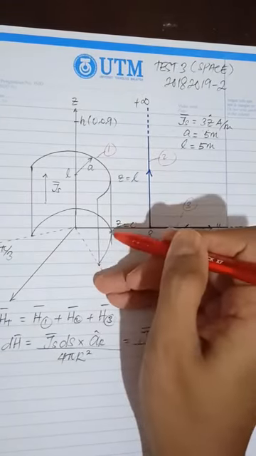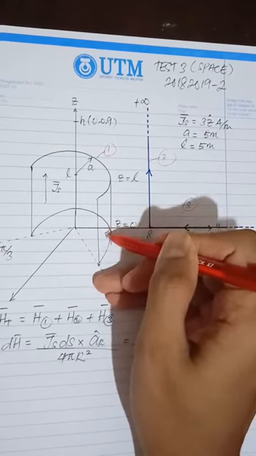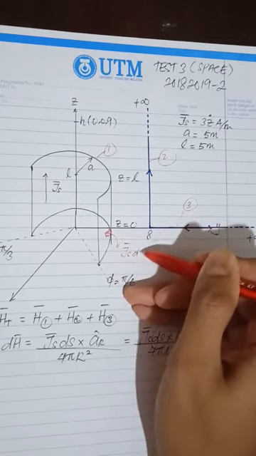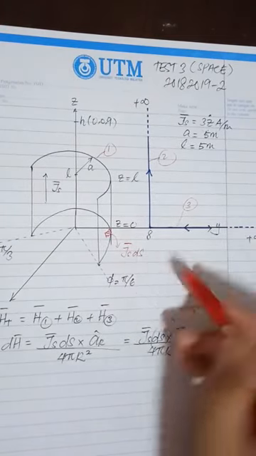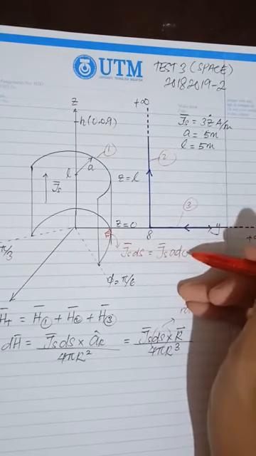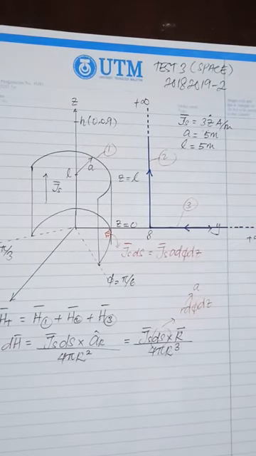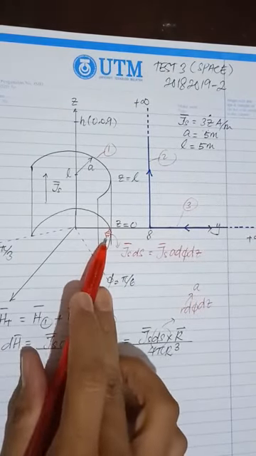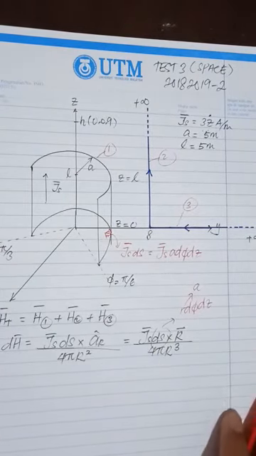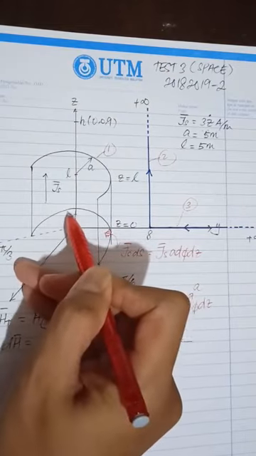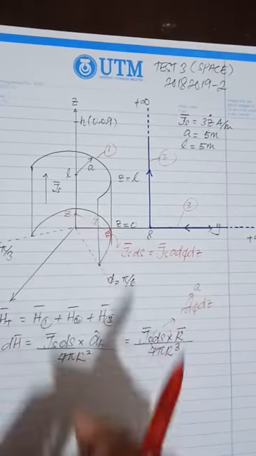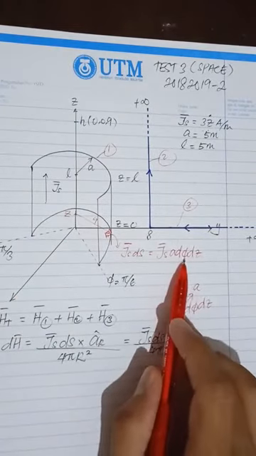Let's say this is my current element at this position, which is Js dS, and dS here we can replace with a dφ dz. This current element is located at z and has a radius of a, so that's why we can replace it by a dφ dz.